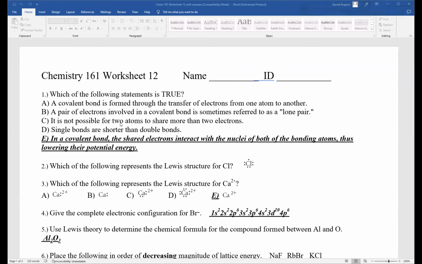Okay, here's 12. Which of the following is true? Covalent bond is formed through the transfer of electrons from one to another. No, that's describing ionic. A pair of electrons in a covalent bond is sometimes referred to as a lone pair.